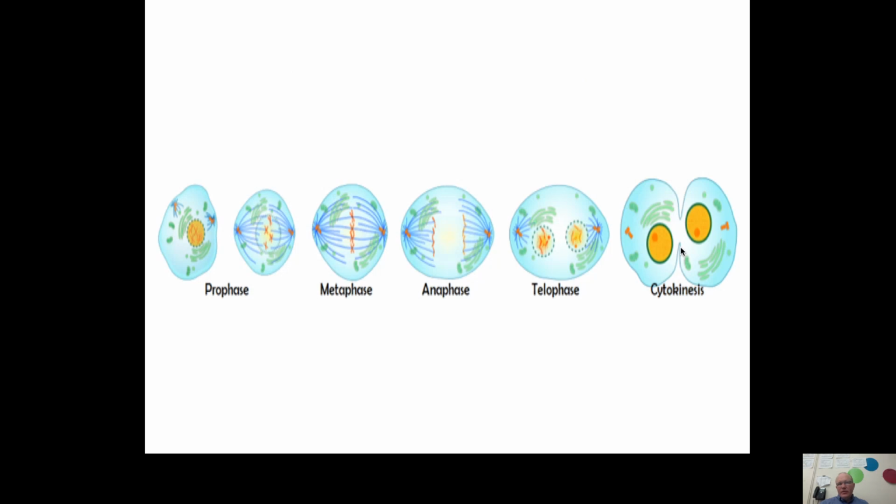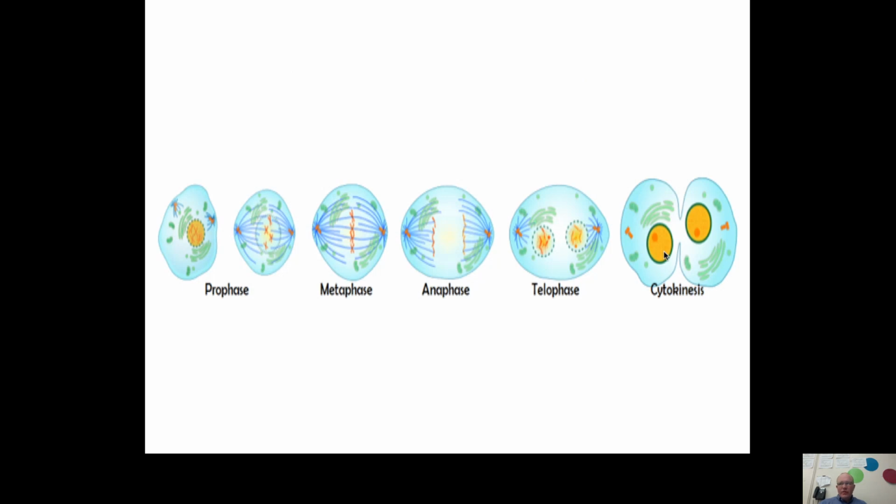Plant cells gain their structure from the cell wall, so it's a little different for plant cells and animal cells, but in eukaryotic cells they typically have all the same organelles. Remember, this process is for eukaryotic cells.